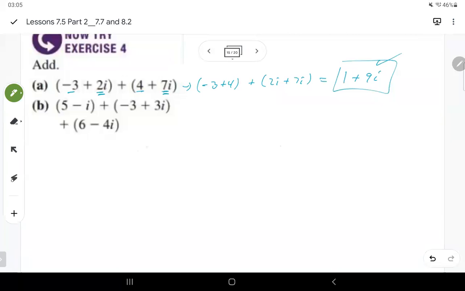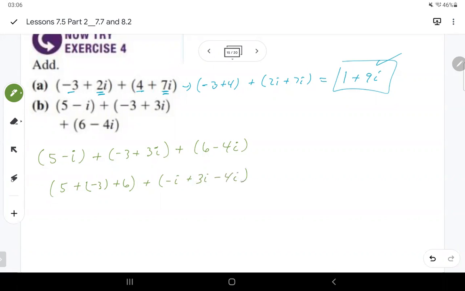Then here let's just rewrite this so you can see everything all together. I'm going to put the real parts together. So 5 plus -3 plus 6 plus -i plus 3i minus 4i.